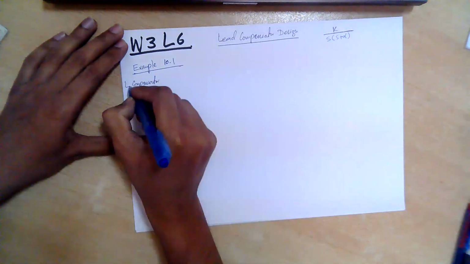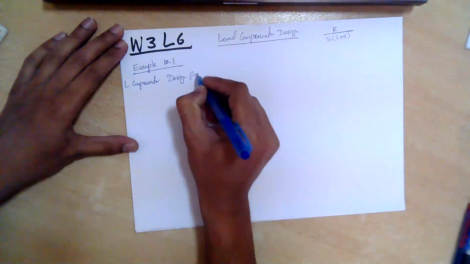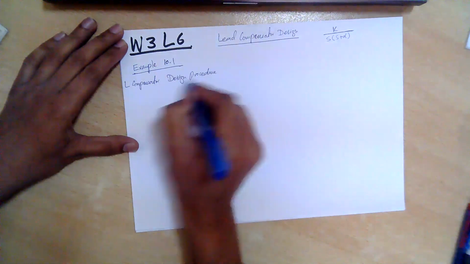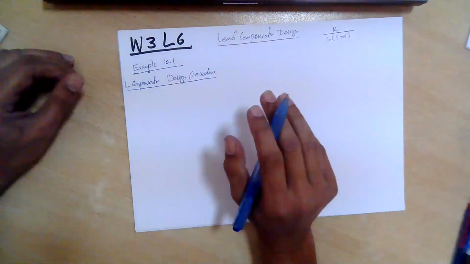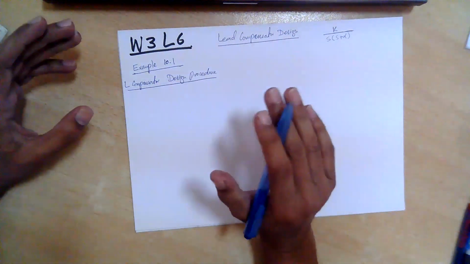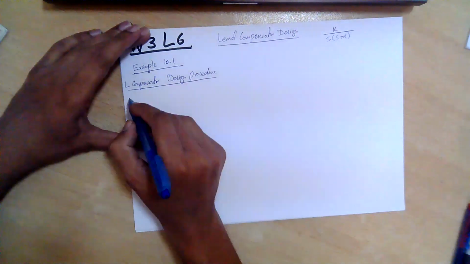Lead compensator design procedure. We'll use the same procedure but to satisfy some other requirements compared to example 10.2. So let's revise the lead compensator design procedure.